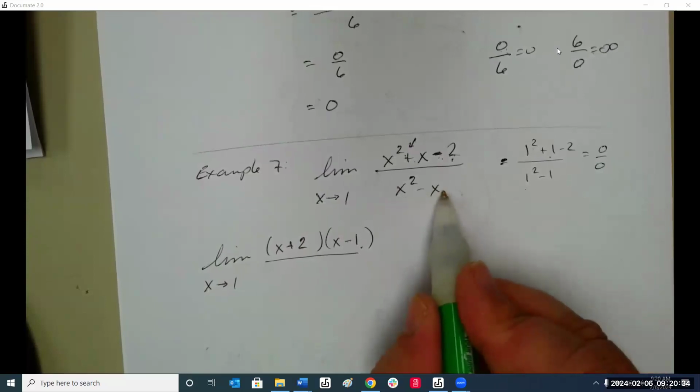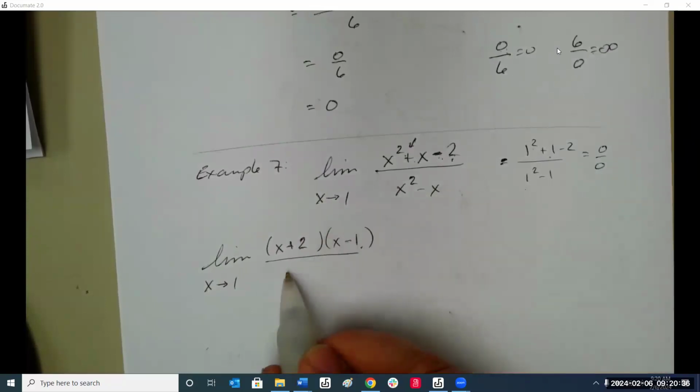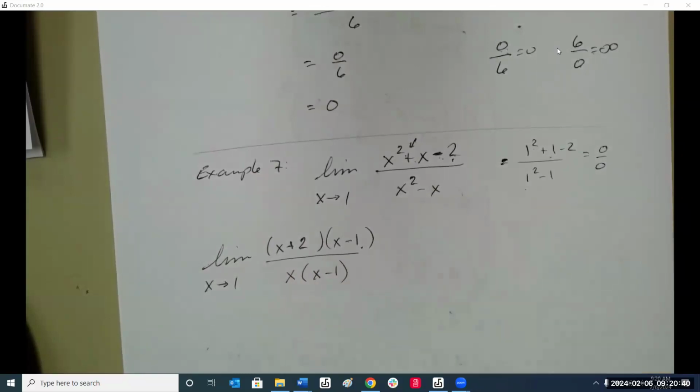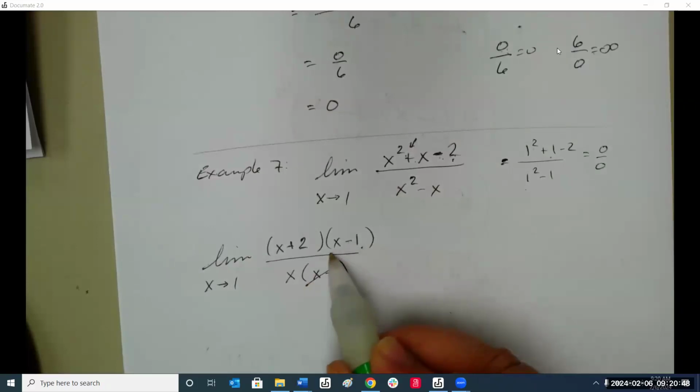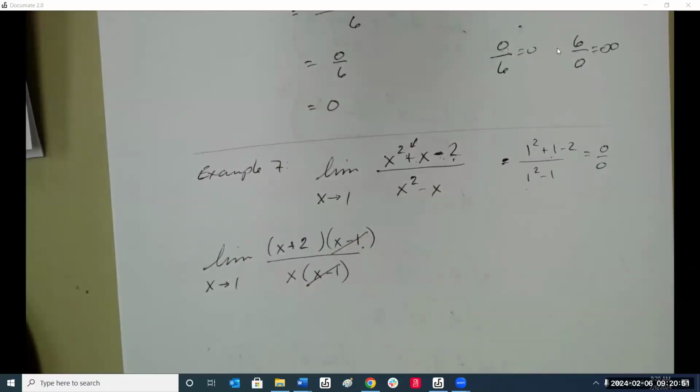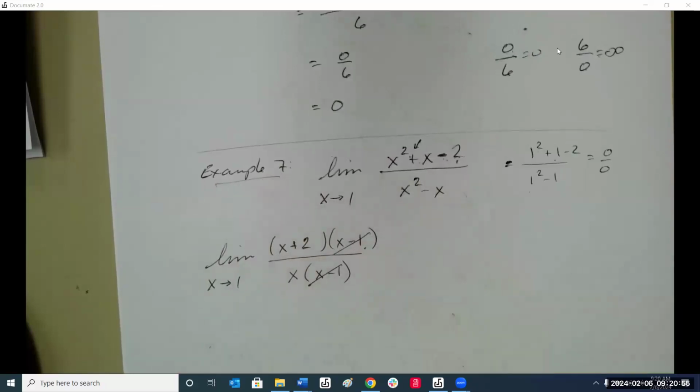Can we factor the bottom? Yeah, they both have an x. We take out an x, we have x minus 1. So we can remove these, so we have a removable discontinuity. Remember, at 1, that was our asymptote.